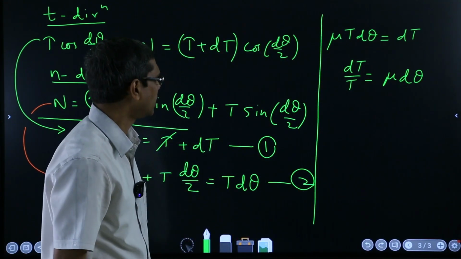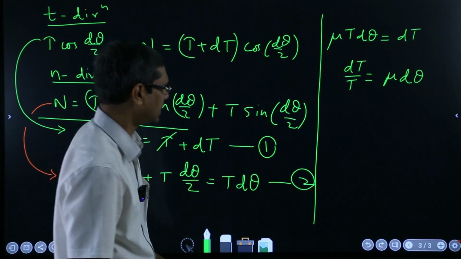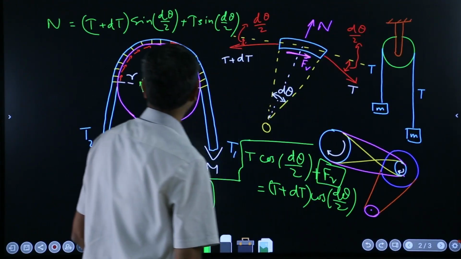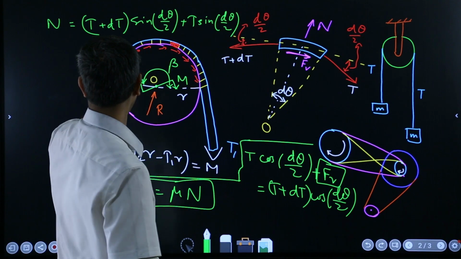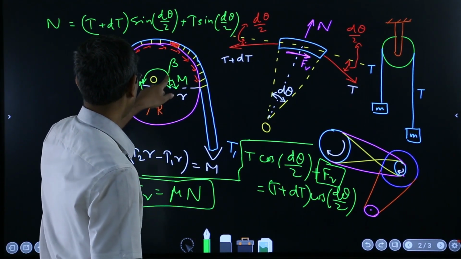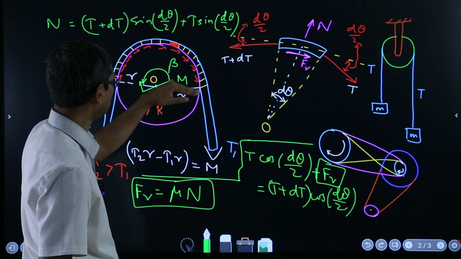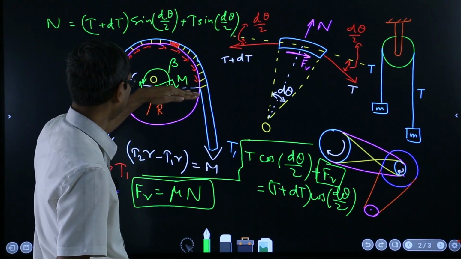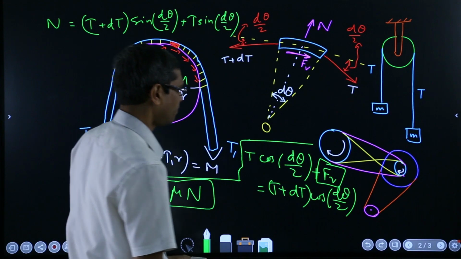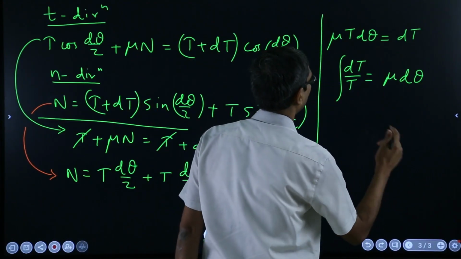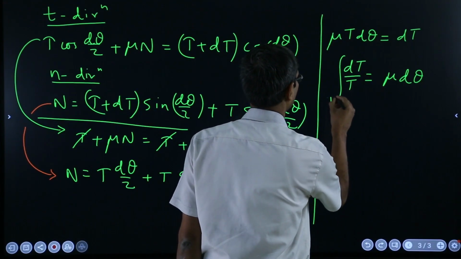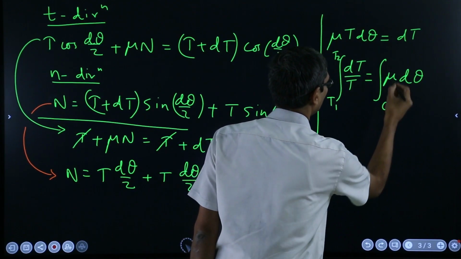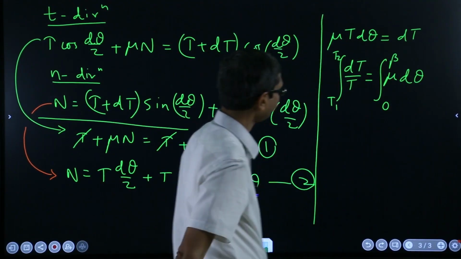Okay. Now if I integrate this from T1 to T2, where the angle goes from 0 to beta, this full angle suppose it is beta, and theta goes from 0 to beta. What I will do is, here it is from T1 to T2 and this is from 0 to beta.